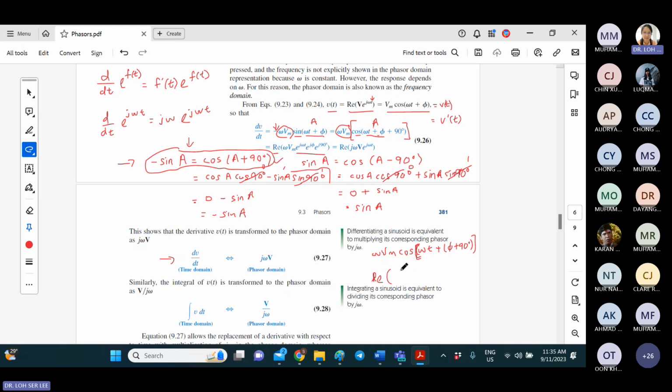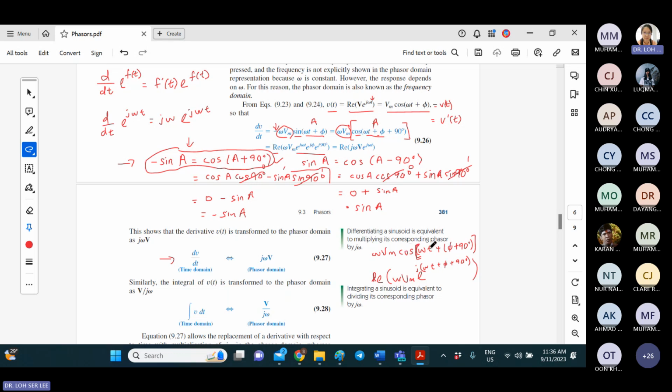So what is that complex number? That complex number will be VM e to the power of j, omega t plus phi plus 90 degrees.